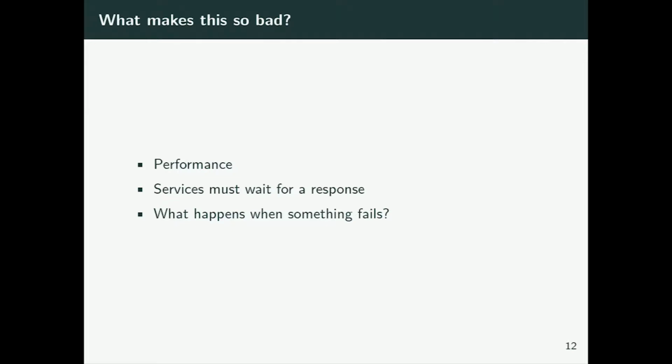And what happens when something fails? The number of failure scenarios grows exponentially with every additional service call. So for example, at each stage, some business logic could fail. The tickets are sold out, or the customer doesn't pass the fraud check. But you can get a more sort of insidious failure mode.